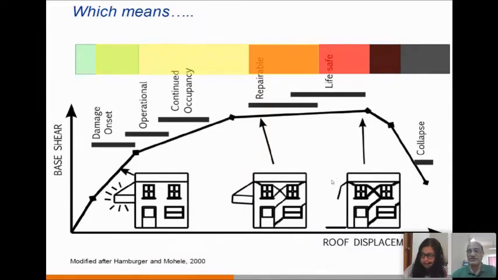Whereas under the major event, the non-structural elements are allowed to fail, but collapse is not permitted. Even the non-structural damages can occur in the structural element or non-structural element, but permanent collapse is not acceptable. At the same time, the structure may go under large deformation, but collapse should be prevented.